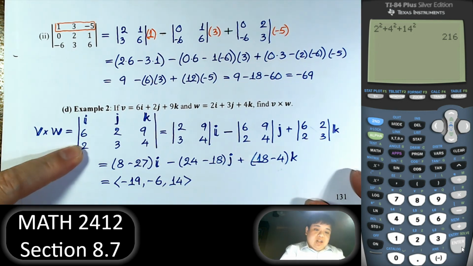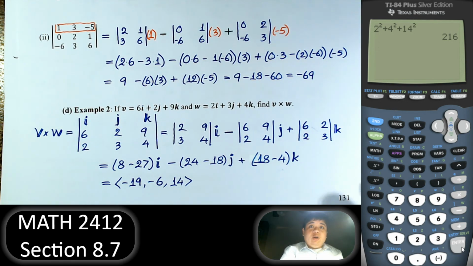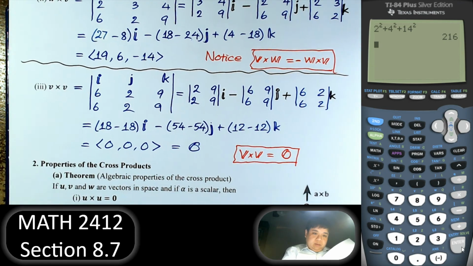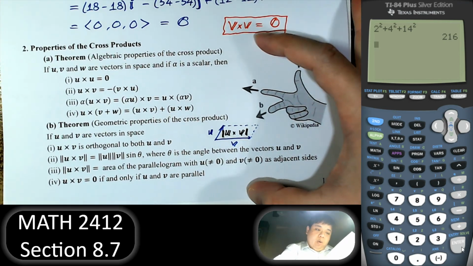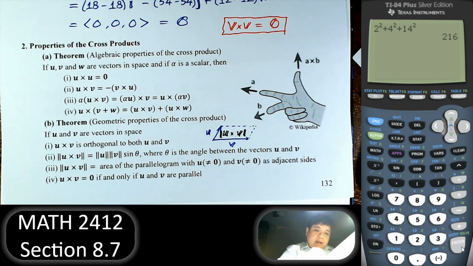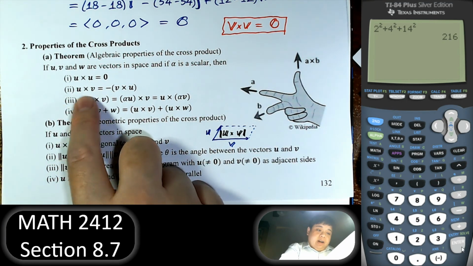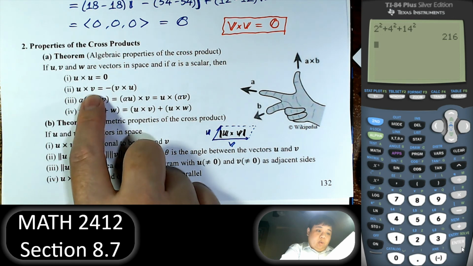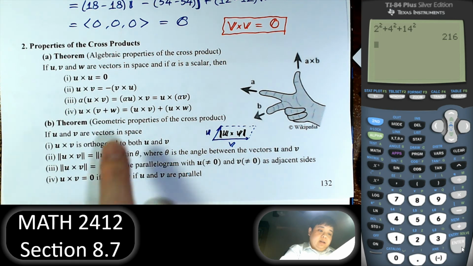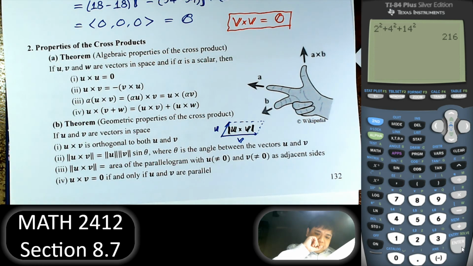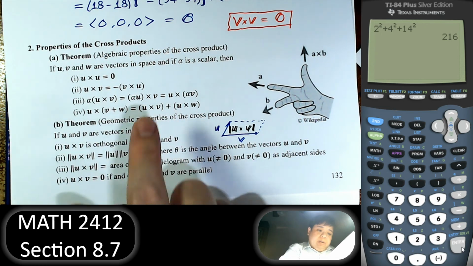And we use a determinant to find the cross product. These properties are important. If we interchange the order of the vectors in the product, we get the opposite of the product. The distribution property is not really important.